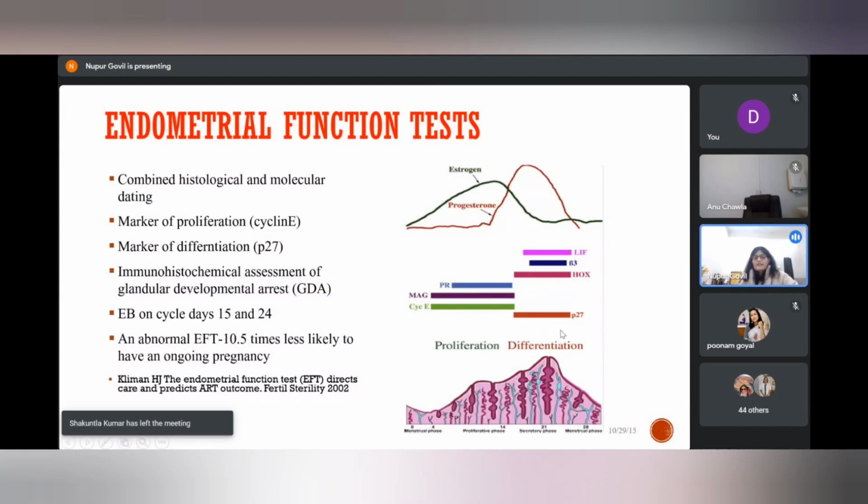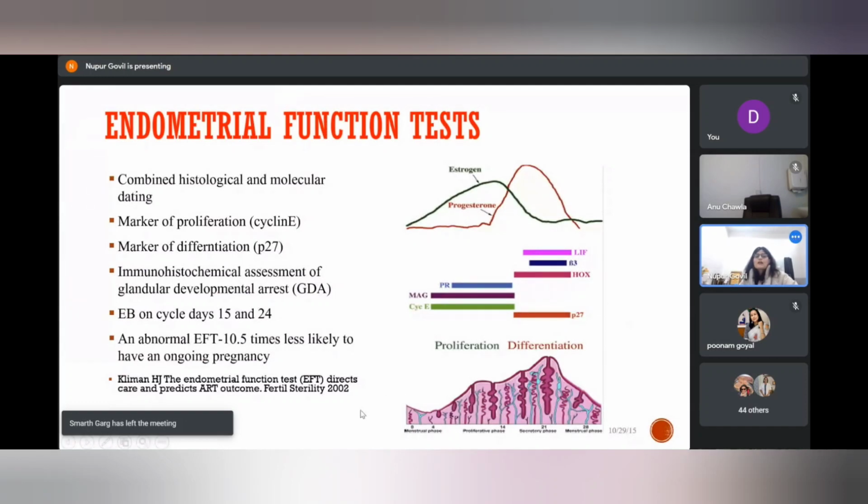There is a glandular arrest. Although the stroma has progressed, the glands which express these molecular markers are still lagging behind, and we need to adjust our progesterone levels. We need to adjust the timing of the transfer of the embryo.